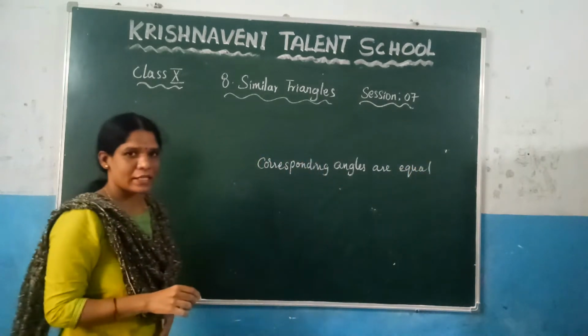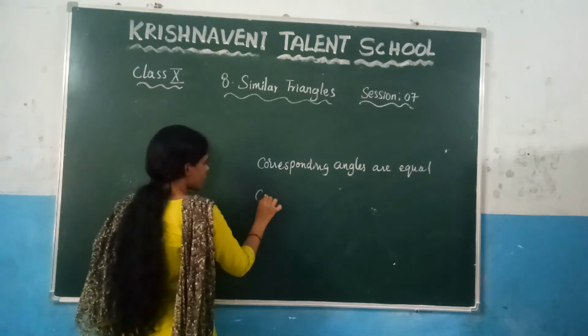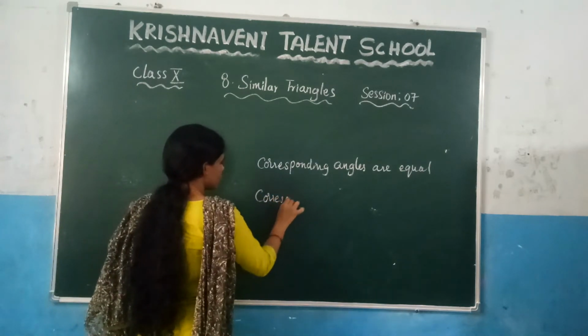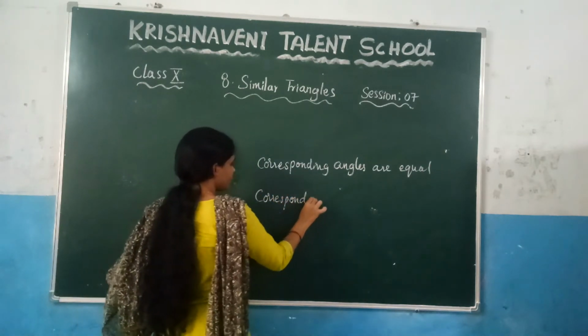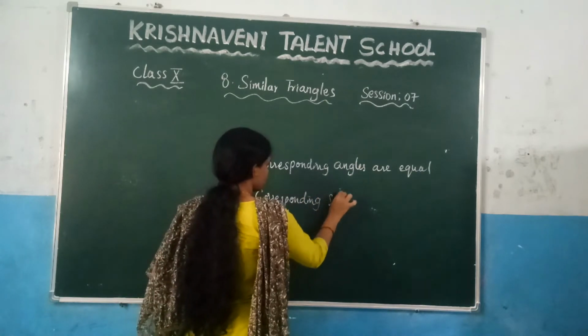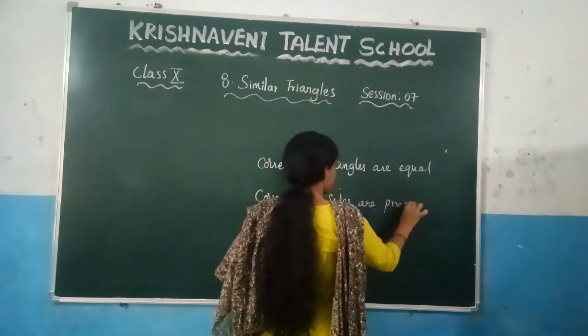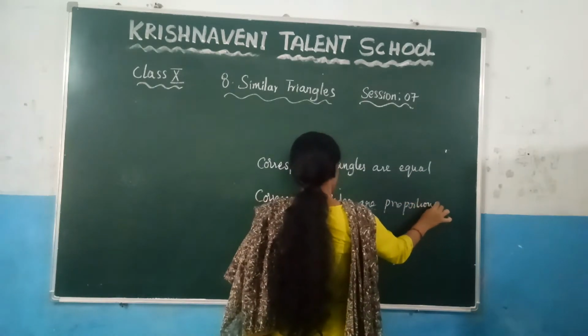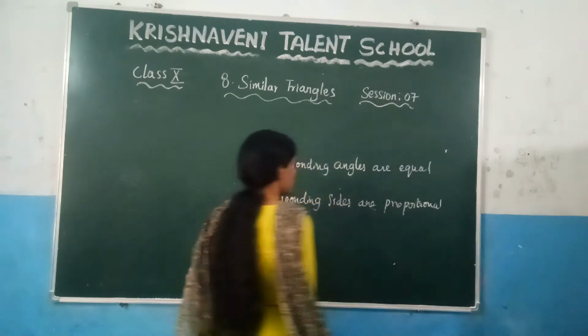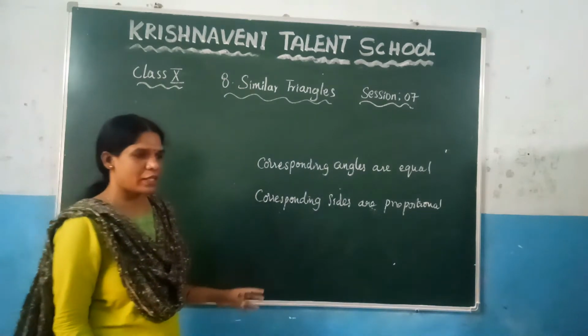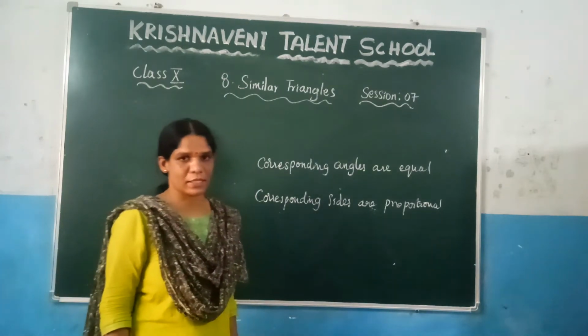Right? And what is the second condition? The corresponding sides are proportional. These two conditions should be satisfied if you want to say two triangles are similar.